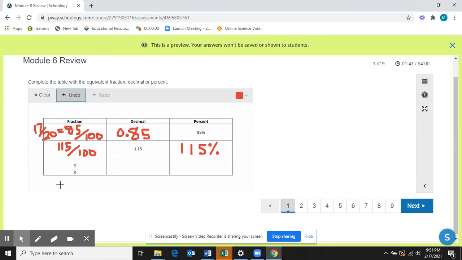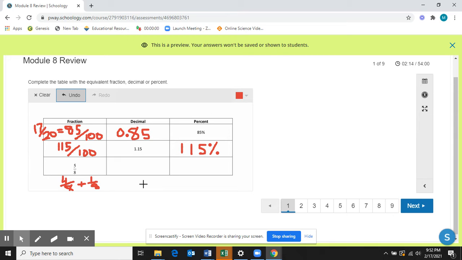5/8. When you're looking at 5/8, think of 4/8 plus 1/8. Now remember, we talked, they're both actually benchmark fractions. 4/8 equals a half, which is 50%. 1/8 is half of 1/4. 1/4 is 25%.